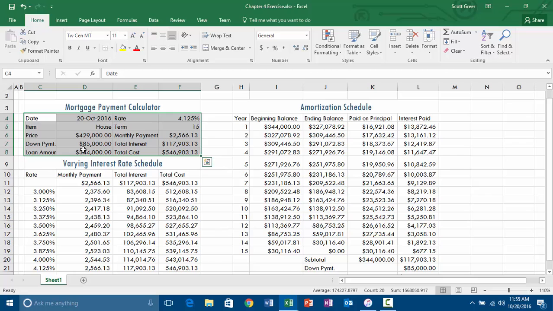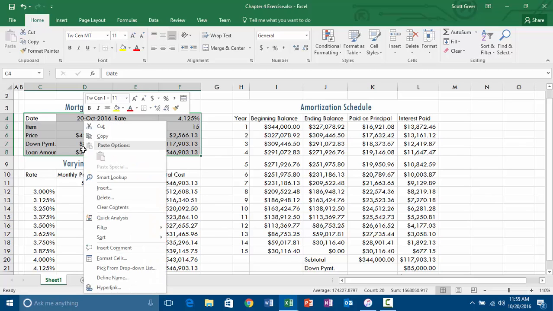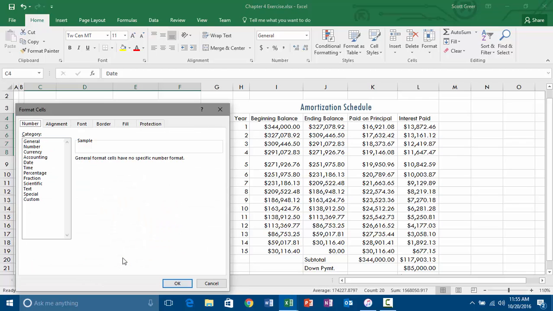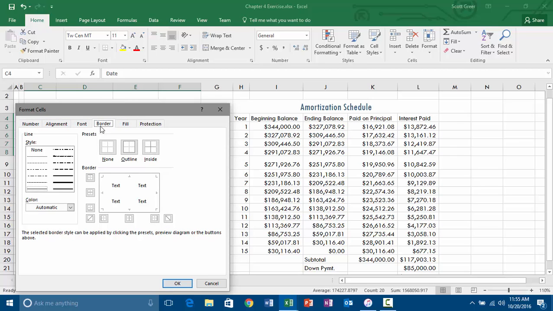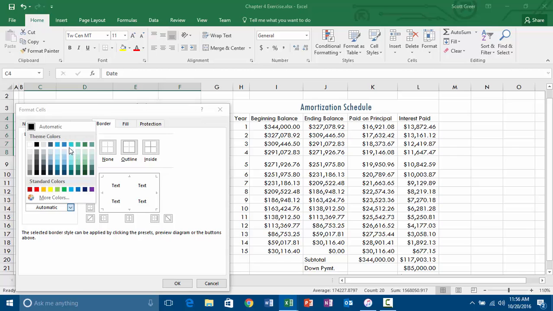So leave the title out. I've highlighted all of that. I'm going to right mouse click and go down to Format Cells. Under Format Cells, I want to do the border. Now, we are going to make a blue line. So first off, I want it to be blue, accent 2.